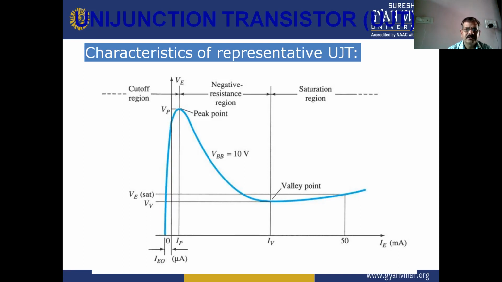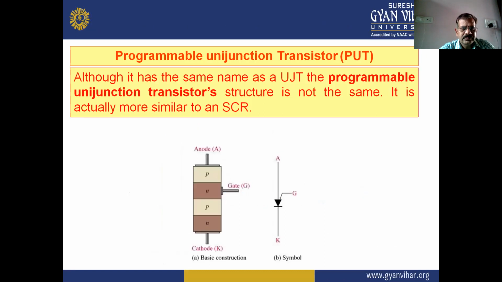Now next is the programmable unijunction transistor, PUT. Although it has the same name as the UJT, the programmable unijunction transistor structure is not the same.